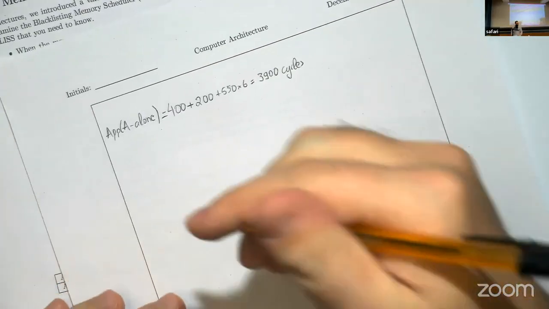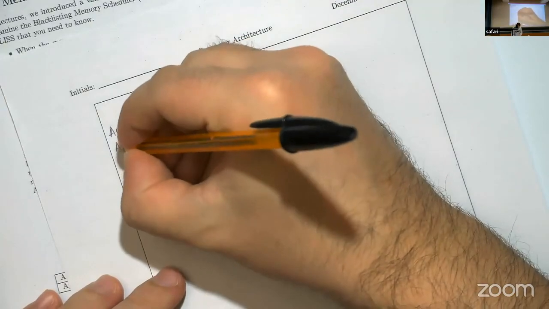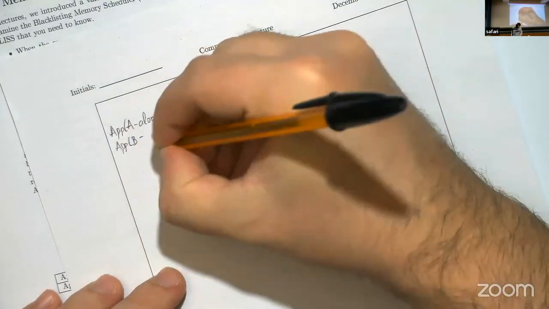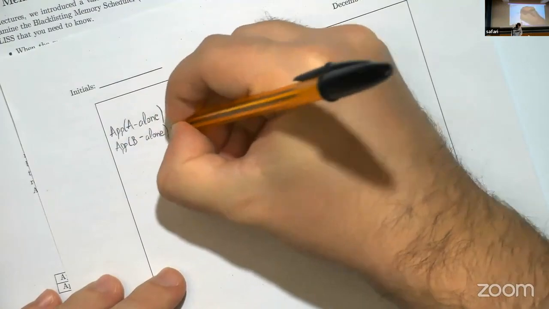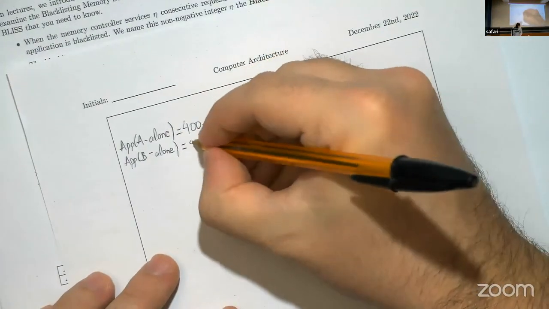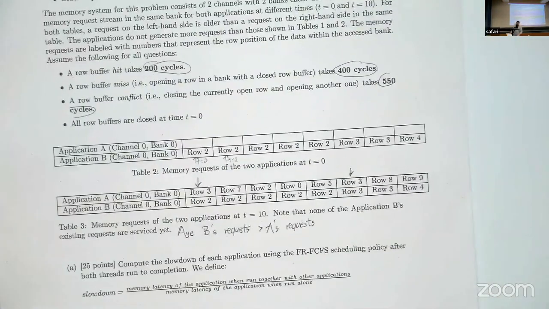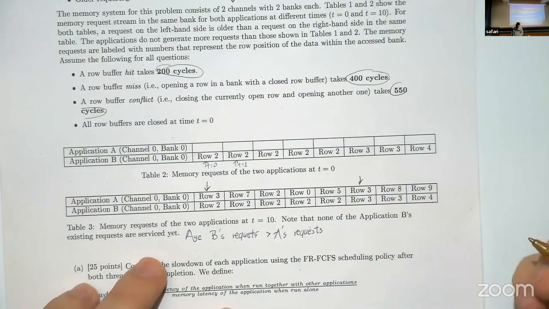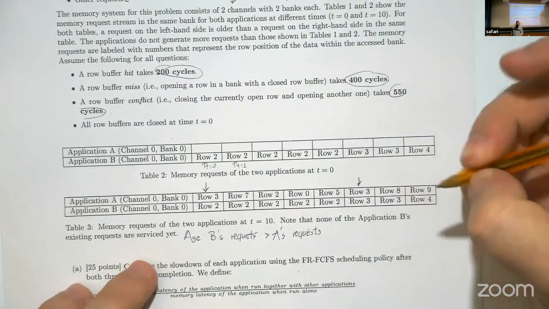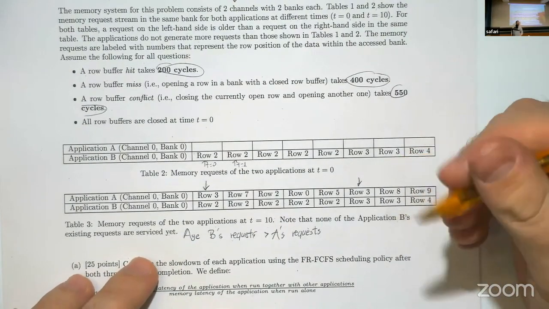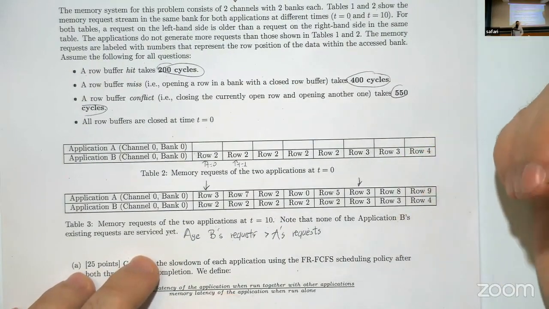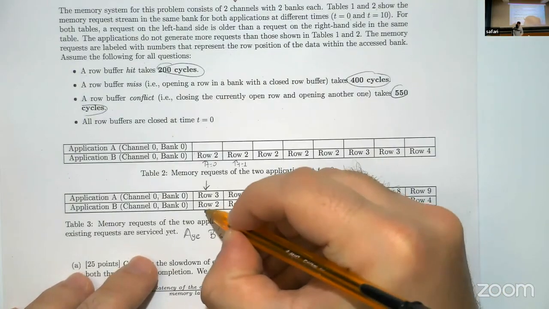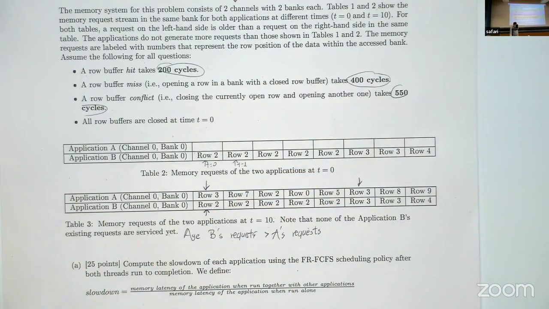Right now, we need to do the same thing for application B. For application B, again, we will spend 400 cycles for the first request. Does someone want to say how we do it for application B? It's a bit easier, I guess. So let's say we activated row 2. Then what do we do? You can say. Yes, and now the row 2s. Correct.